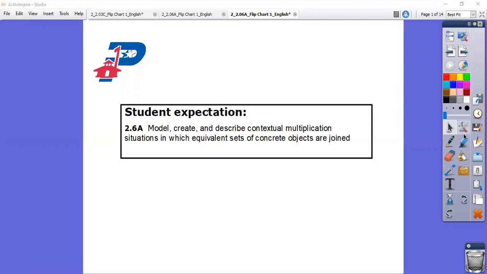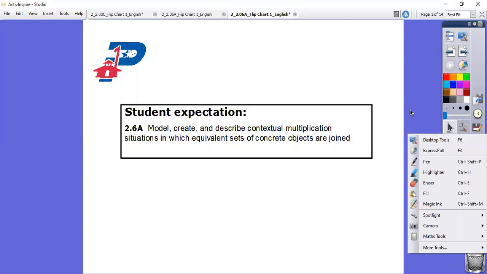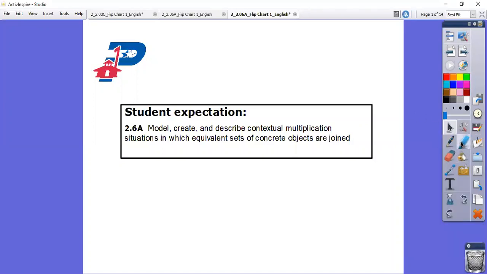Multiplication, that's what we are studying right here. And what is multiplication? Well, multiplication is just equivalent sets, equal sets of things, objects that are joined, that are put together.